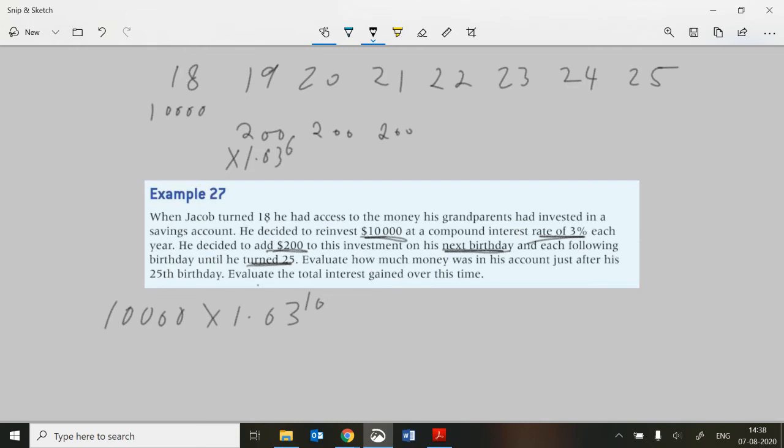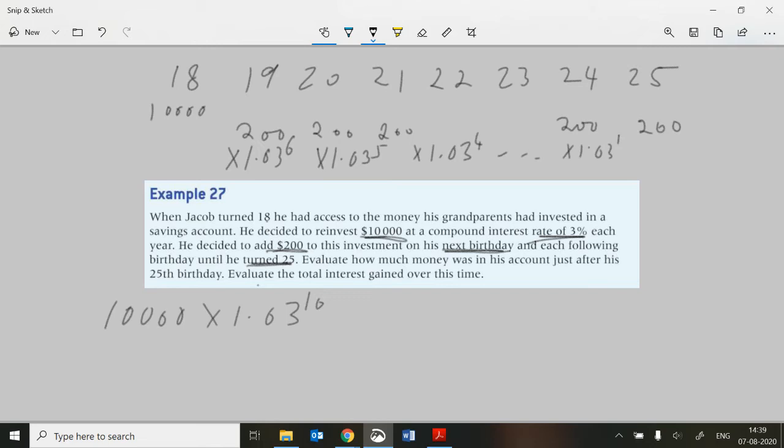And the $200 that's put in at age 20 is only going to have 5 increases. And likewise, the next one is only going to have 4 increases, and so on. Down to the last one is going to be put in as just 200. Oh, and the penultimate one was 200 times by 1.03 to the power of 1. Okay, so stuff which is missing there.